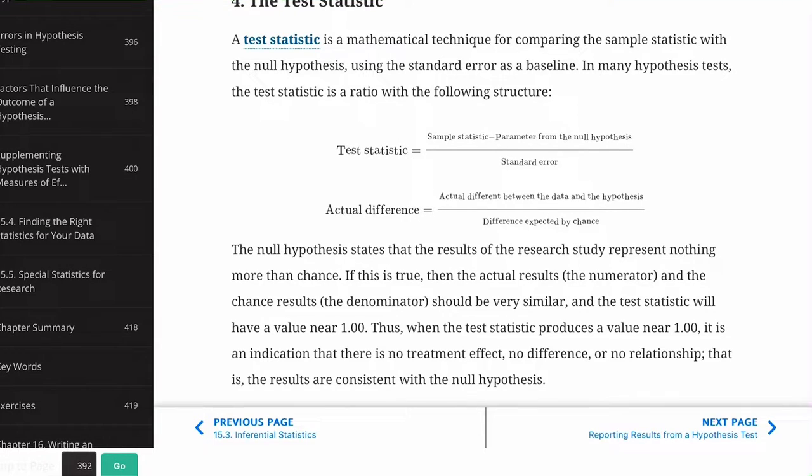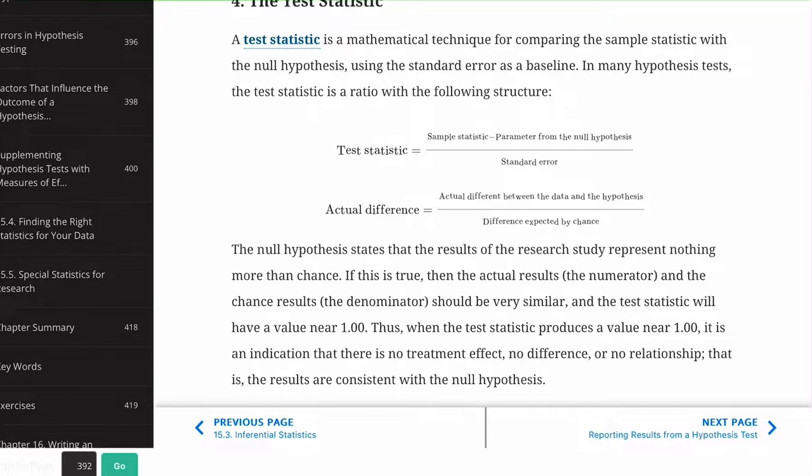What they're doing is looking to see if your actual difference, you see this bottom one, it says actual difference, is the actual difference between the data and the hypothesis, or your sample statistic and your null hypothesis. You can see that up at the top. Is that greater, because it's on the top of the division equation, is that greater than the difference that is expected by chance, or the standard error, as you see in the equation above?